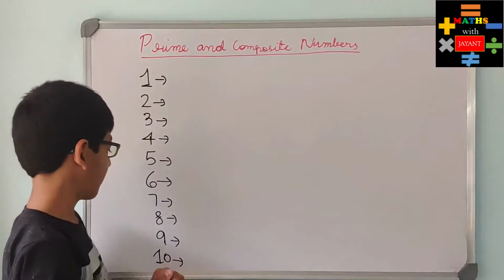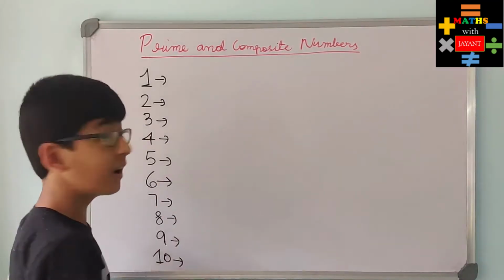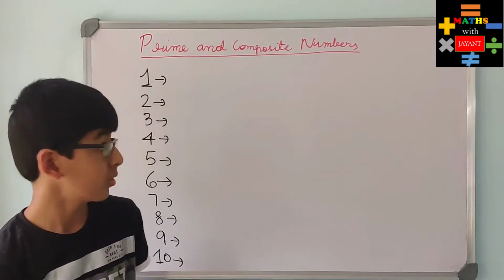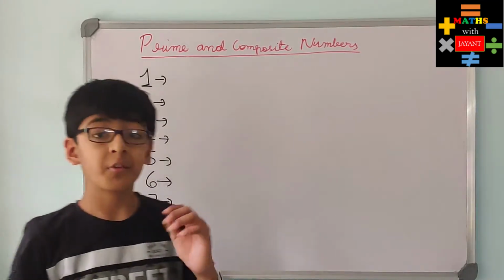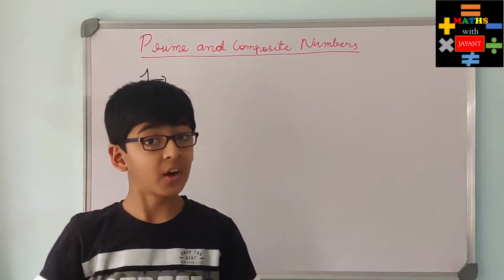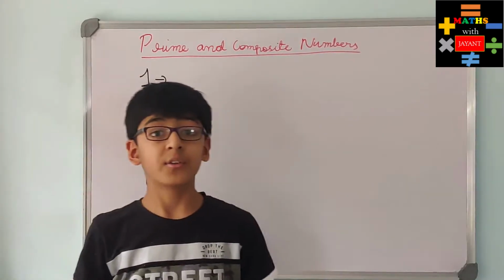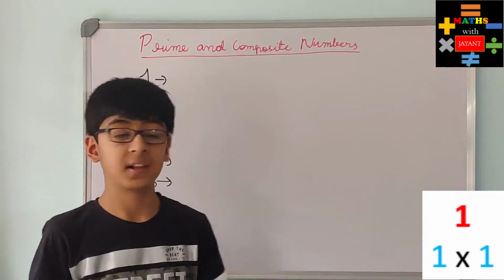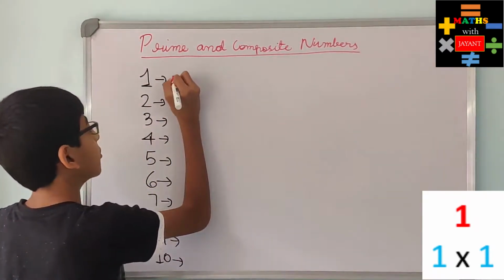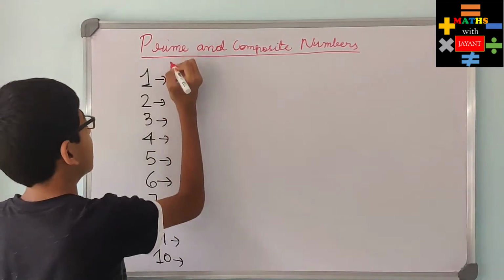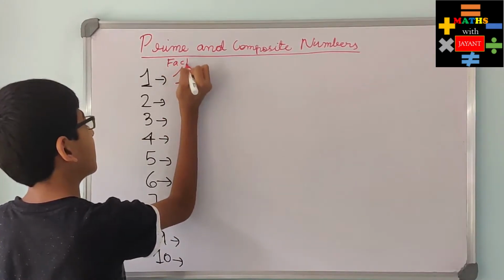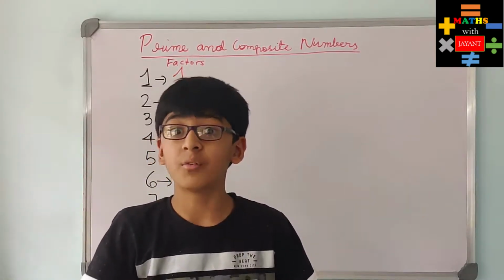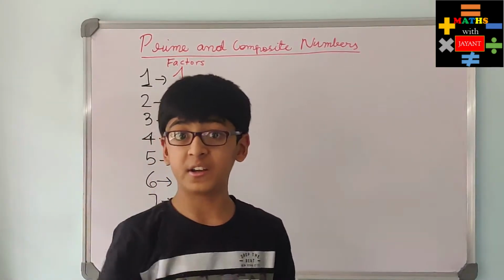So now let's find the factors of the first 10 numbers. So let's begin. So what are the factors of 1? The factors of 1 is just 1. It is just 1 itself. So over here we are going to find the factors. So the only factor of 1 is 1.